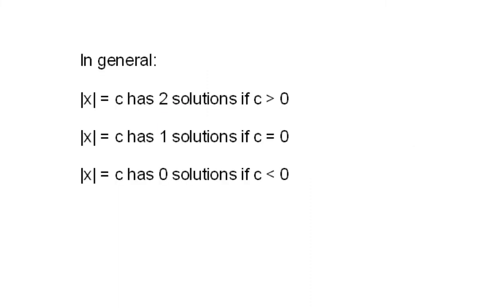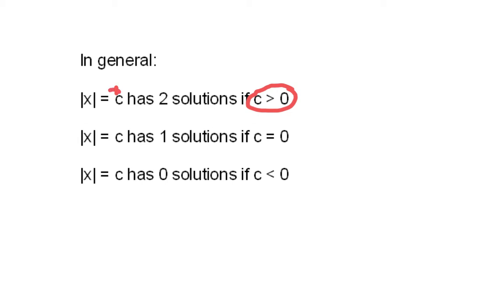In general, here's what this looks like. If we say the absolute value of x is equal to c, some number, that equation is going to have two solutions if that number you're looking at is bigger than 0. Another way to say greater than 0 is positive. If this number is positive, you're generally going to have two solutions.